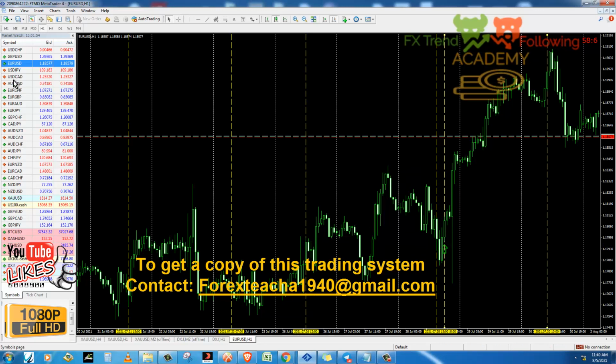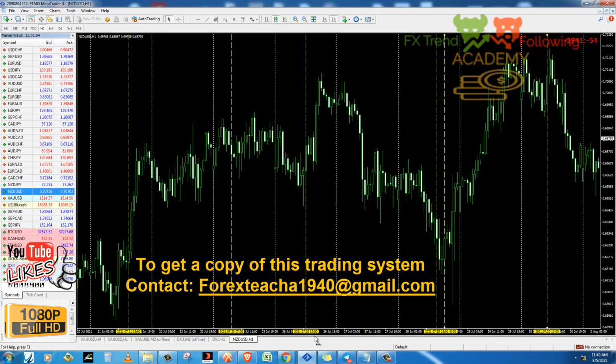We go to another USD pair. Let's just check NZD USD. Exactly the same thing. We expected it to go up on this candle right here. So it also went up all the way about 33 pips before it went down.